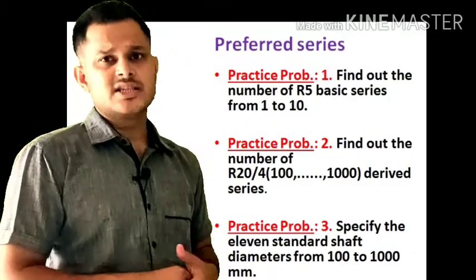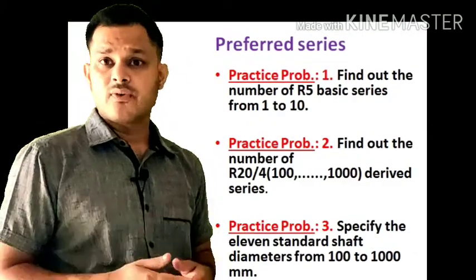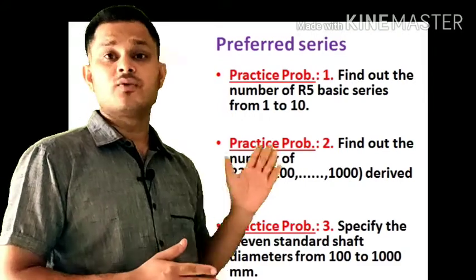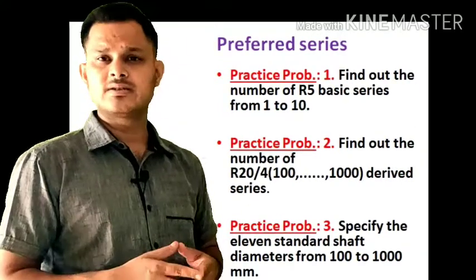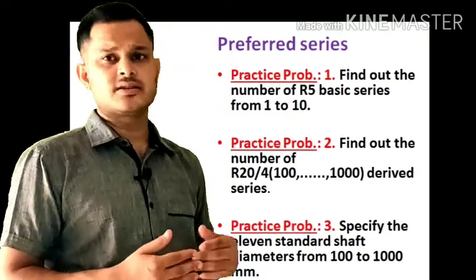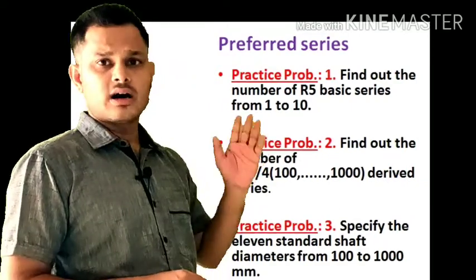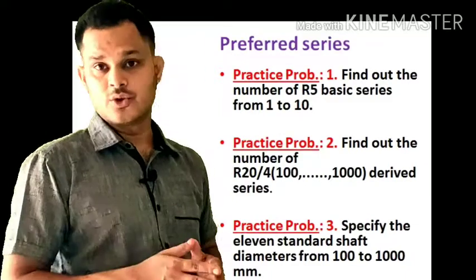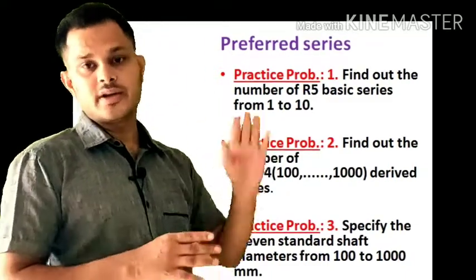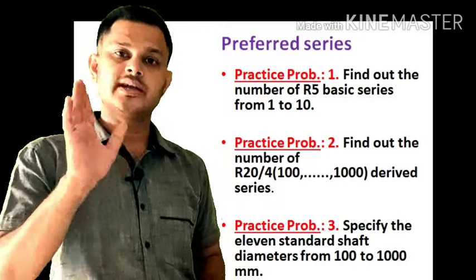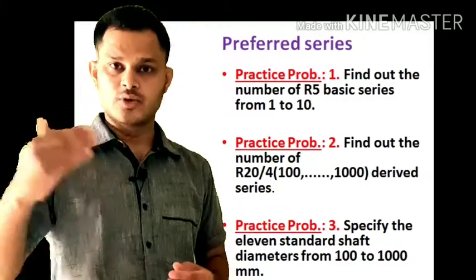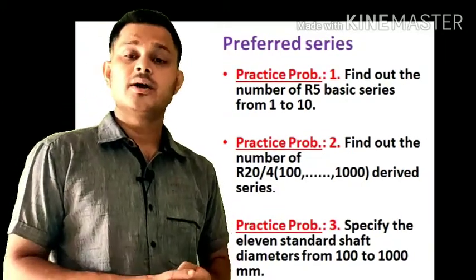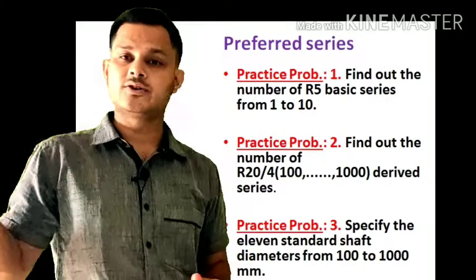Now we can practice these problems. We can find out the R5 series from 1 to 10. You know the methods. You can practice finding out the numbers R20/4 from 100 to 1000. This is a derived series. The basic series is R20. Make the series of R20, only take every fourth number, but starting should be 100 and end should be 1000.